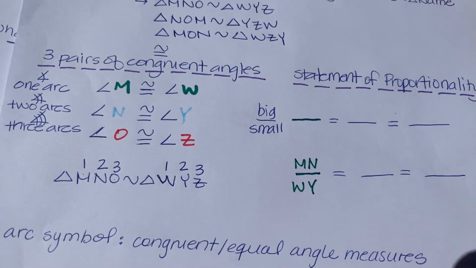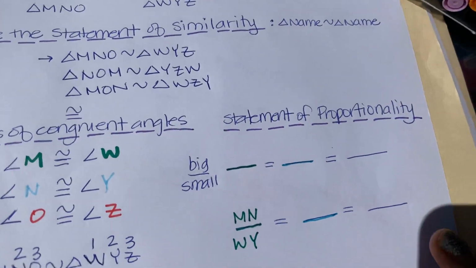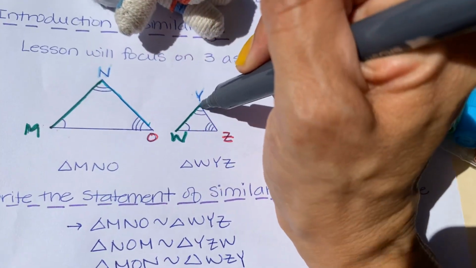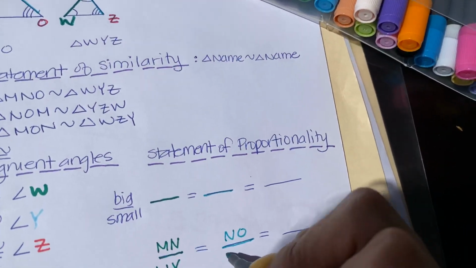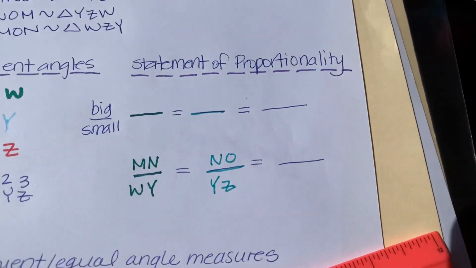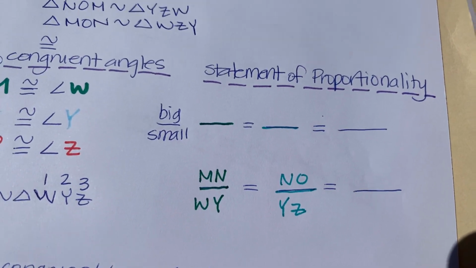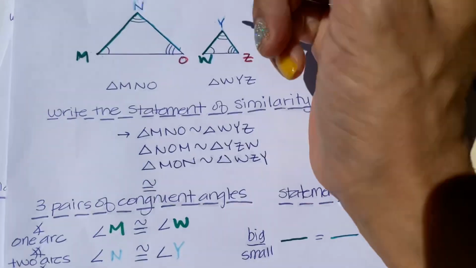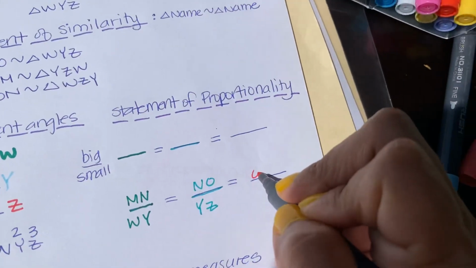Okay, so if it looks a little different, we're going to go blue here. I'll come back and I'll tell you what I'm going to do there. Okay, so then the next bit is NO over YZ. And then the third, OM over ZW.